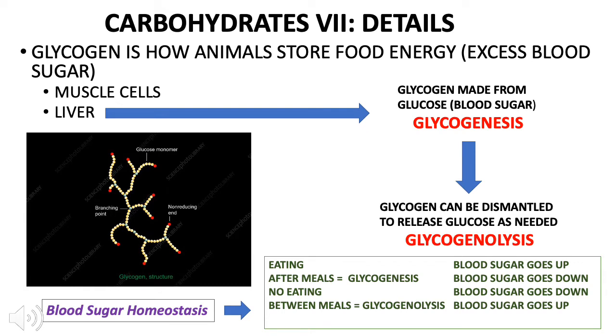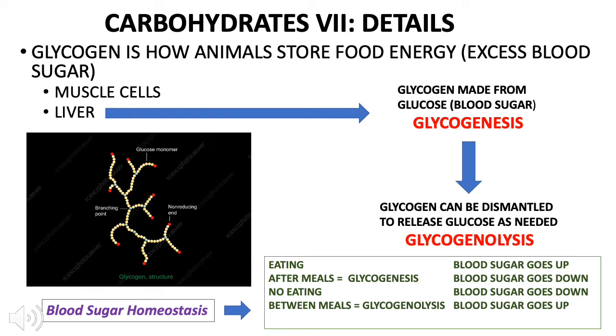So we're talking about our schedule on a daily basis. You eat breakfast, your blood sugar levels go up. Those blood sugar levels go back down because your liver will be storing excess glucose as glycogen. You eat lunch, blood sugar levels go up, and they go back down, in part because your liver is removing that glucose and storing it as glycogen.